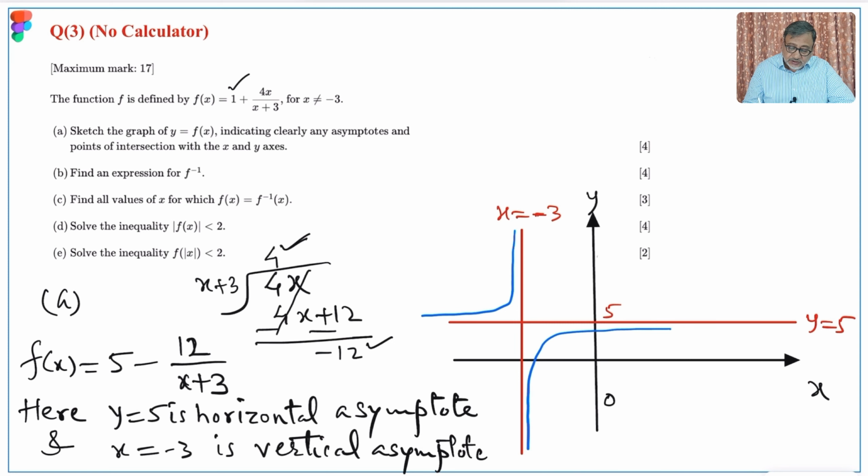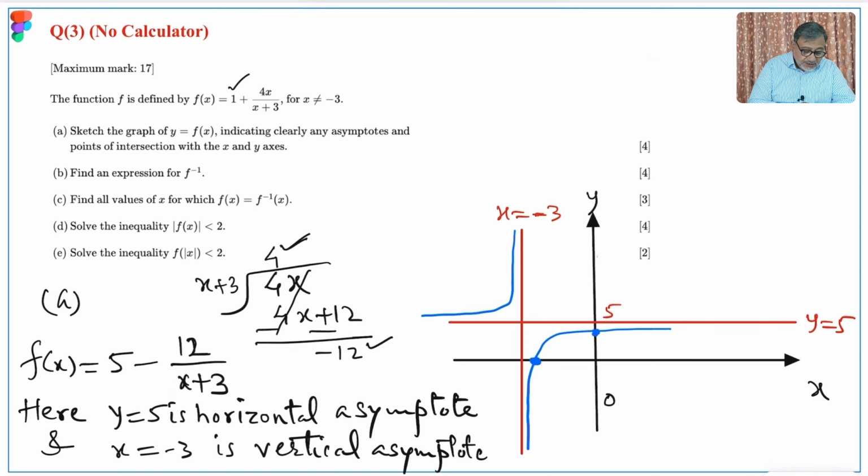Now the question also said find any points which are on the x-axis and the y-axis. So what we will do, we will put x equal to 0, so that will give us the y coordinate. When you replace here, x is 0, it will be 5 minus 12 over 3.